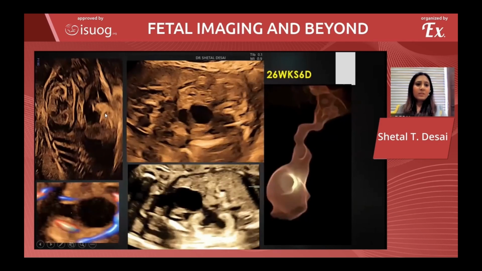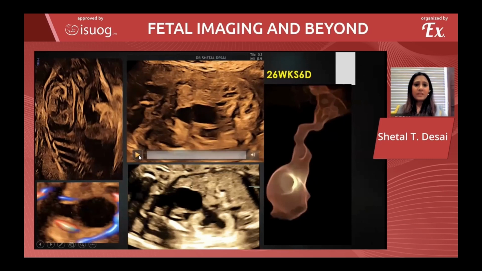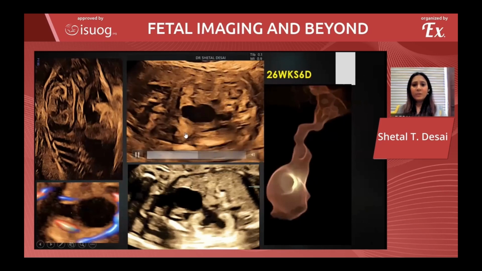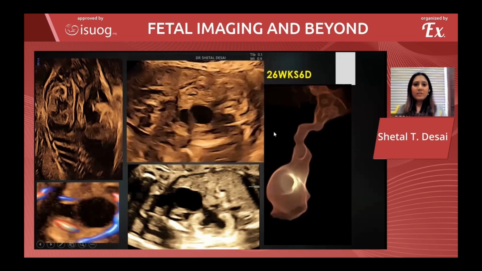Another case, a 26-weeker with bilateral renal pelvis dilatation and a cystic structure seen below the bladder, with a dilated renal pelvis and a tubular structure leading up to the bladder, and a 3D showing a megaureter going into the bladder with the ureterocele. This was a diagnosis made on ultrasound.